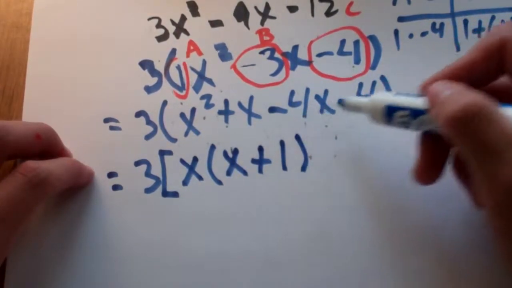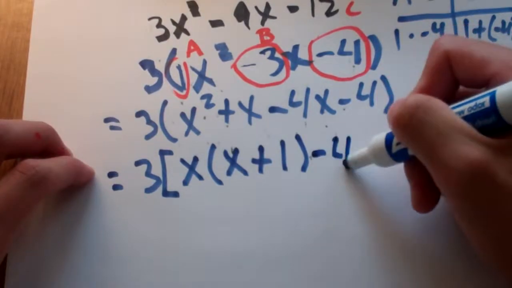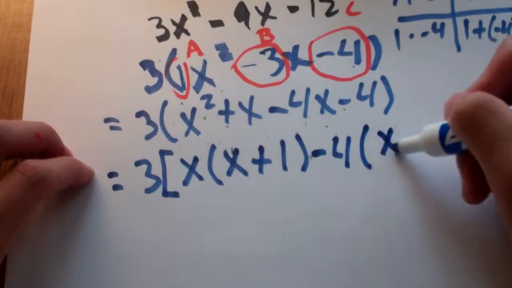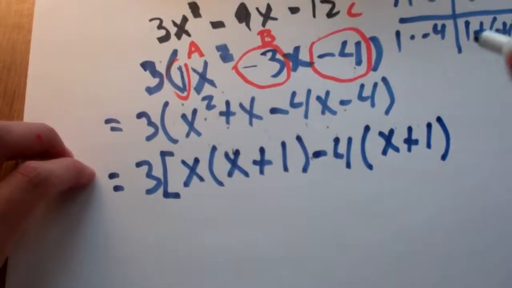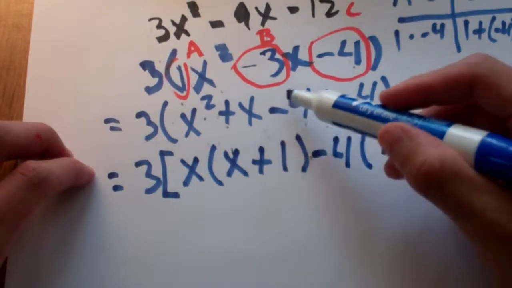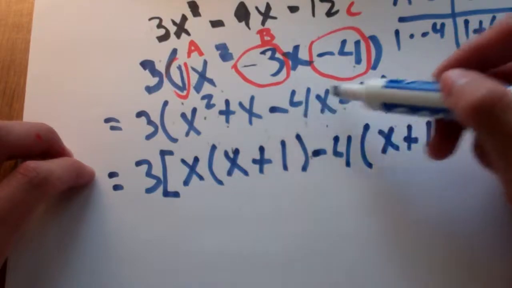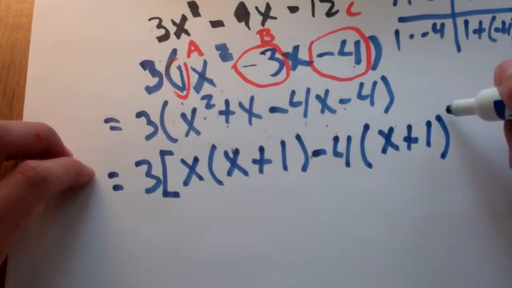And here, what can I factor out of this? Well, I can factor out a negative 4, right? So let's go ahead and do that. And I get x plus 1. Okay, because if I factor out a negative 4 from this first term, I get x. And if I factor out negative 4 from the second term, I get plus 1. Okay?